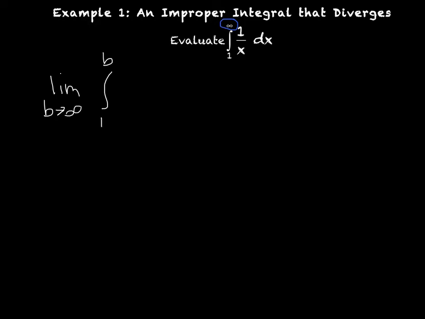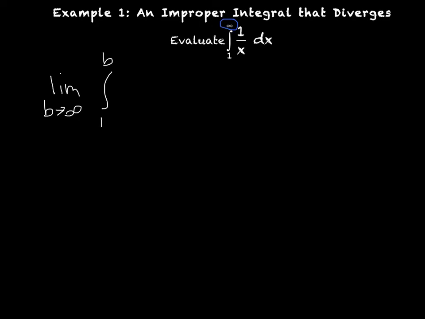And you may say, well, why do we have to do this? Because technically you cannot evaluate an integral when it has an infinite limit. So we're going to pick the letter b as a finite number and integrate from 1, which is a finite number, to another finite number b, evaluate the integral, and then let b go to infinity.